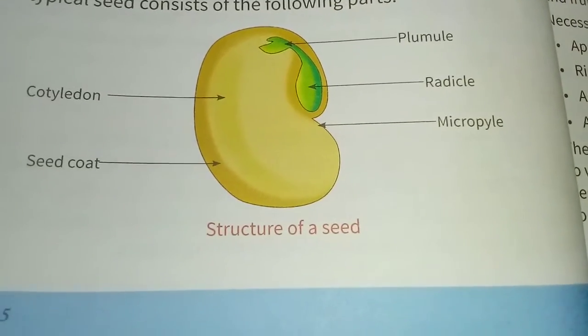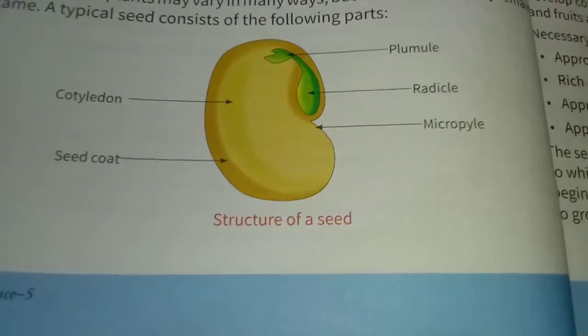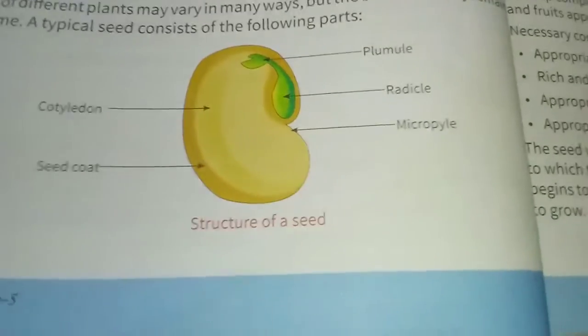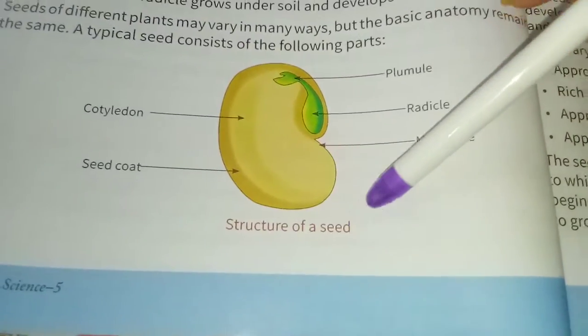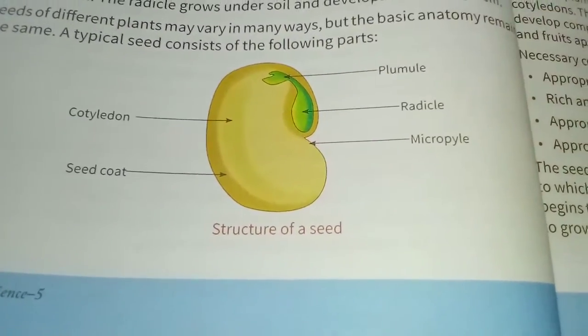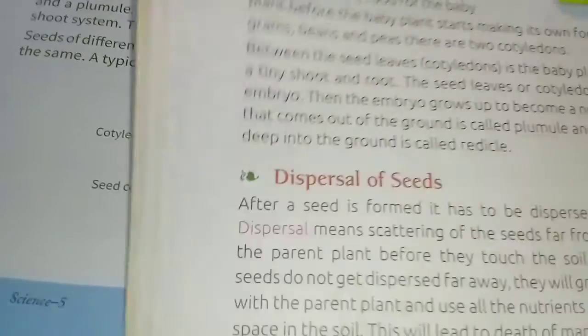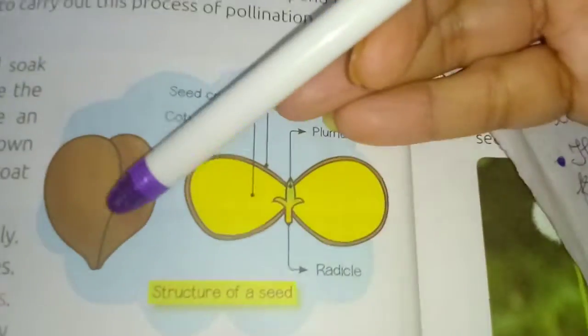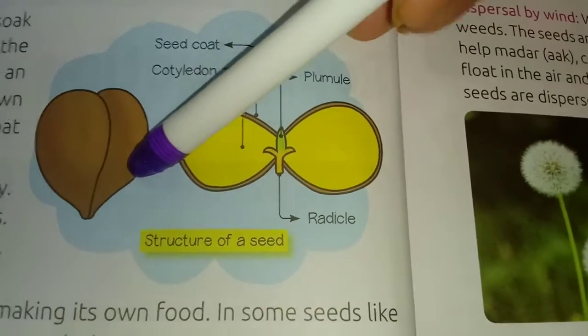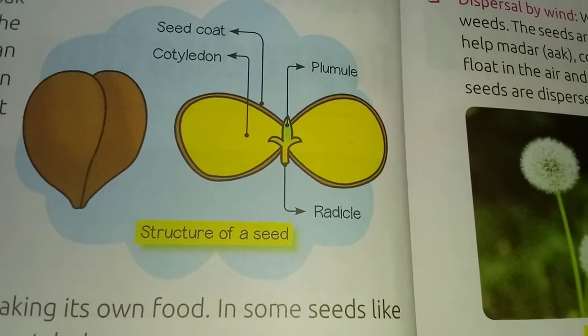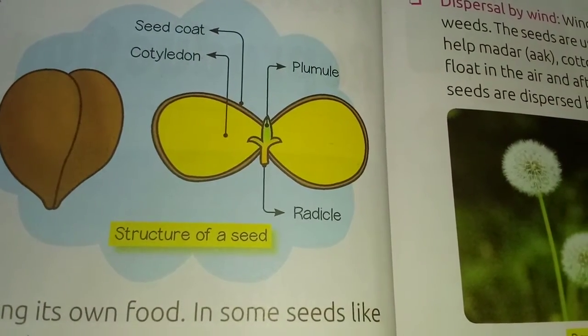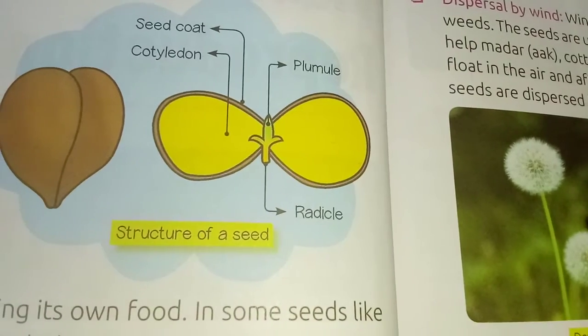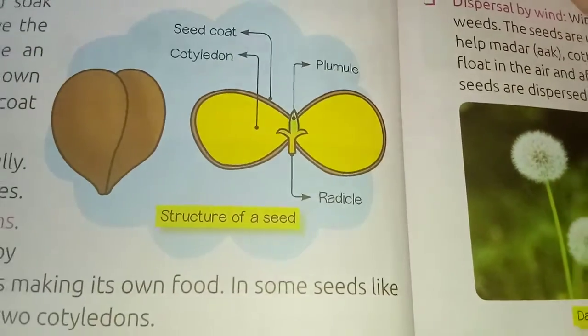Seeds are covered by a hard protective covering called seed coat. If you see a gram seed here, you can see this diagram.